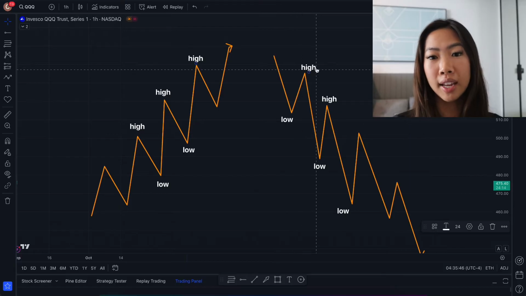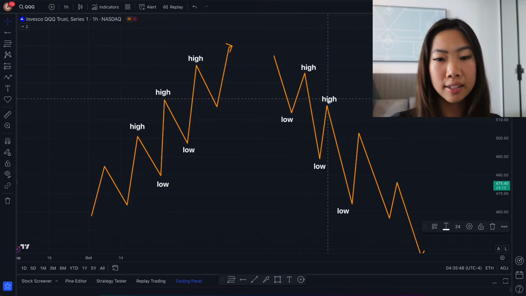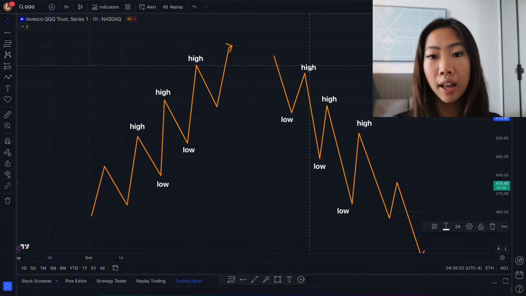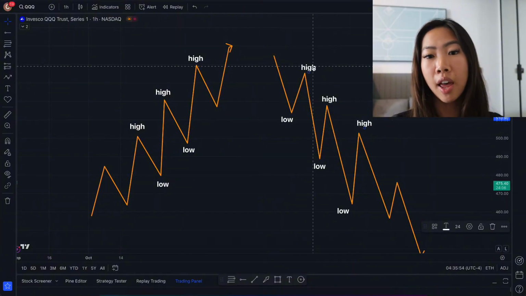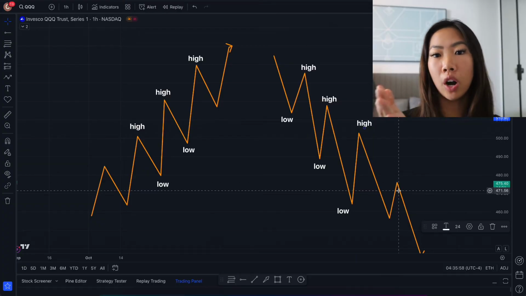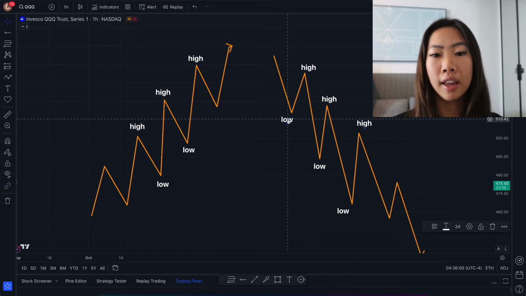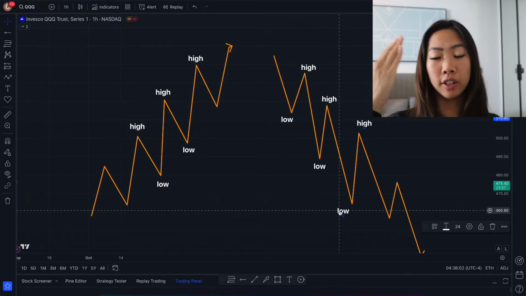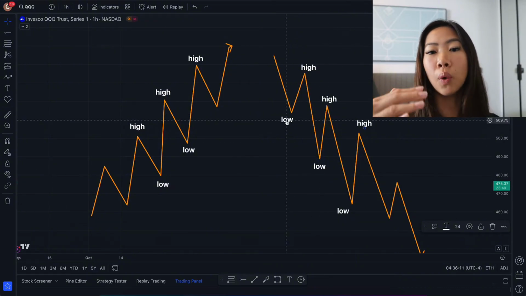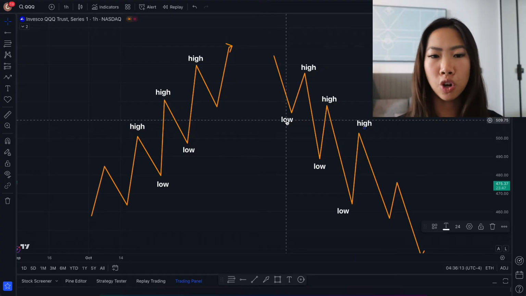On the flip side, these are all the highs which we mark here, and they're getting lower and lower and lower. So these are lower highs. Then down here, these are all lows because they're on the bottom side of the trend, and they're getting lower and lower. So these are lower lows. That's really how you determine it.